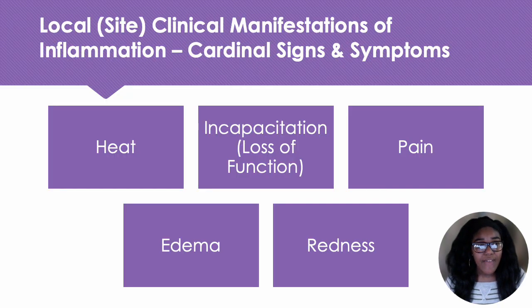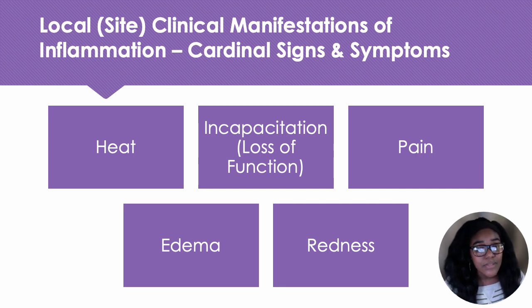So here we have our clinical manifestations of inflammation. We just talked a lot about what happens at the cellular level when it comes to the inflammation response, but all of that is happening at the cellular level and we can't always see those cells. So what we're looking at in the clinical setting is the cardinal signs and symptoms of inflammation.